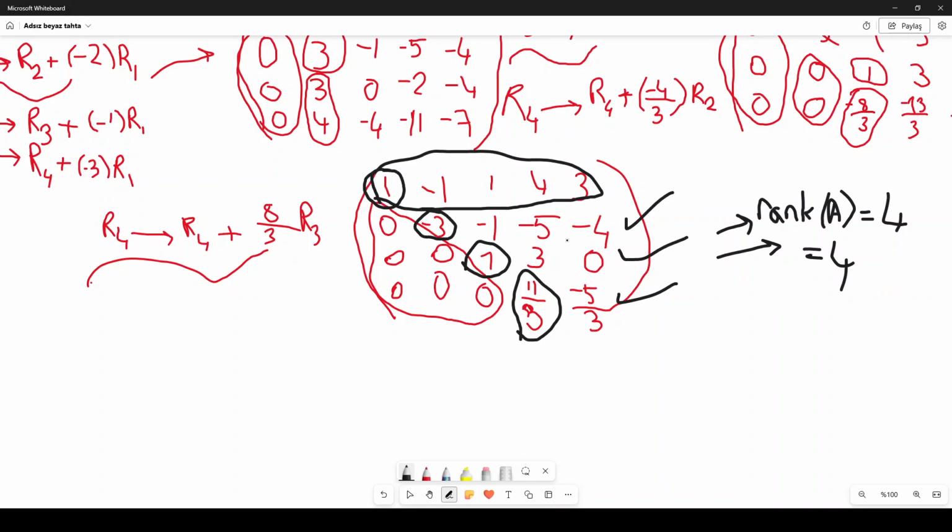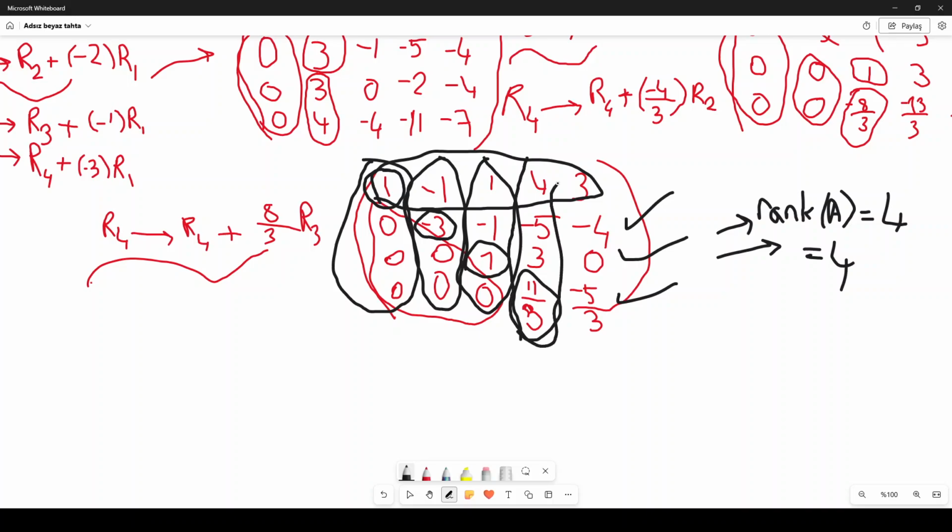And another way, we look at the number of basic columns, right? And the basic columns are the columns that contain the pivot positions or the pivotal elements. So we have 4 pivots, which means we have 4 basic columns, because as you see, I circled in black these columns that include the pivotal elements.